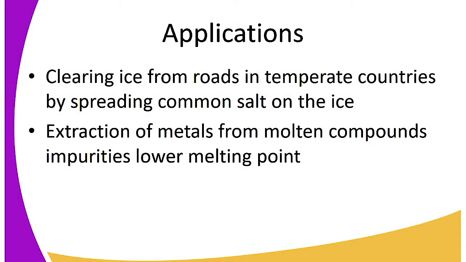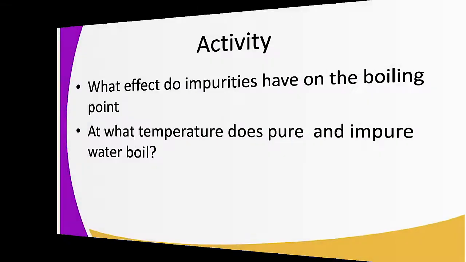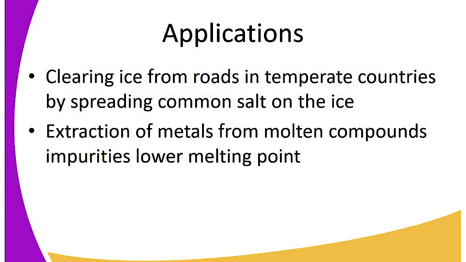So I have questions for you. Number one, clearing ice from roads. What are the applications of adding impurities to a substance? In places where there is ice, we have to look for a way in which we can make the ice melt.